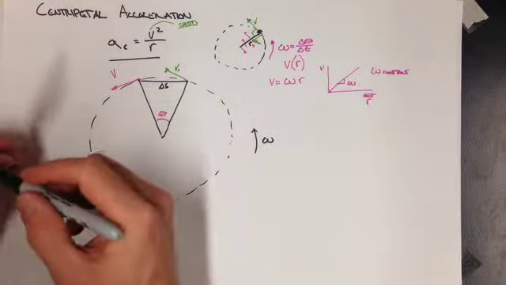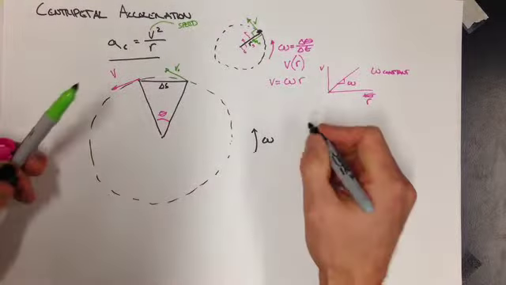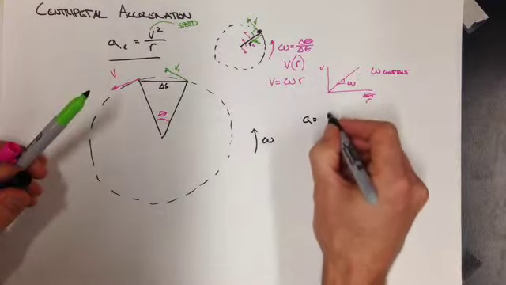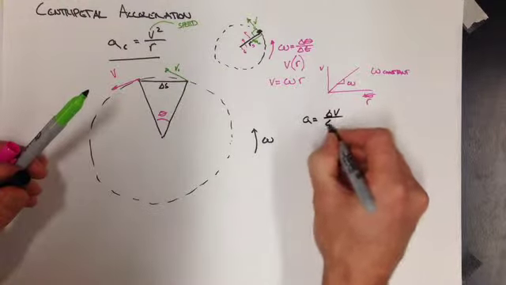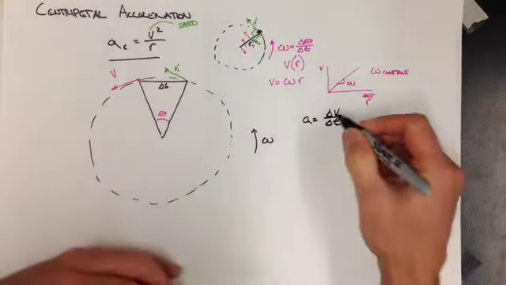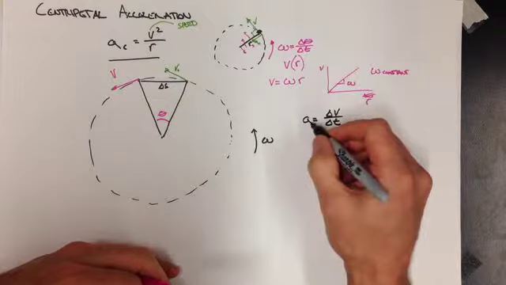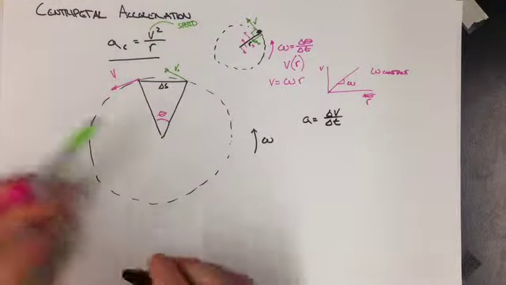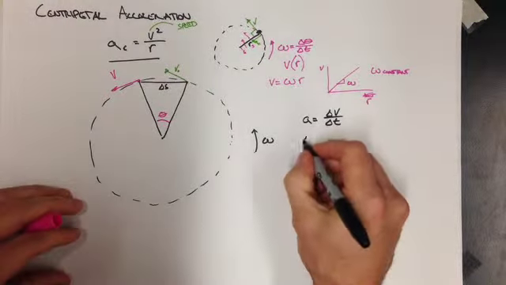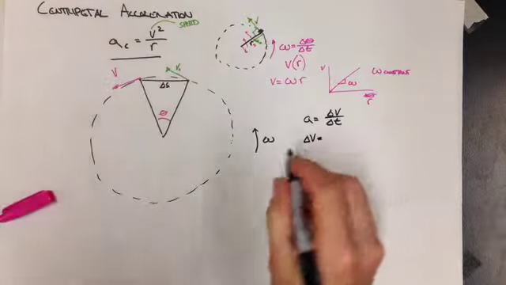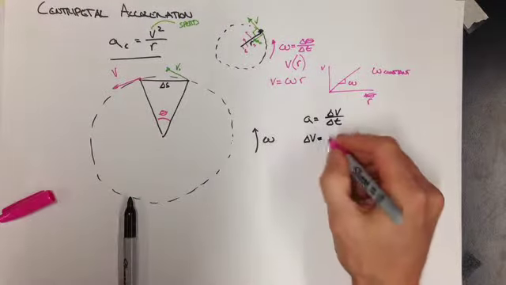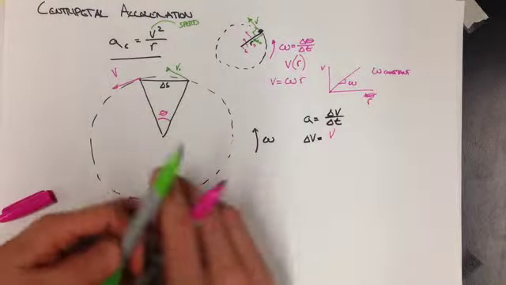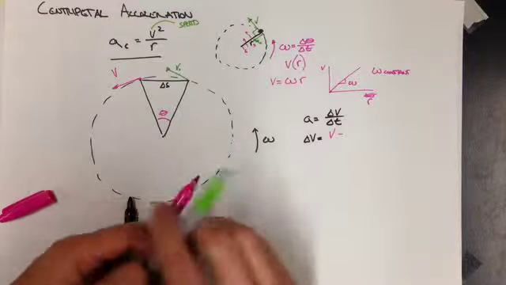So let's think back to what acceleration is. Acceleration is the change in velocity over the change in time. And the change in velocity is going to define the direction of the acceleration. So if we're looking at changes in velocity, then the change in velocity is v final minus v initial.